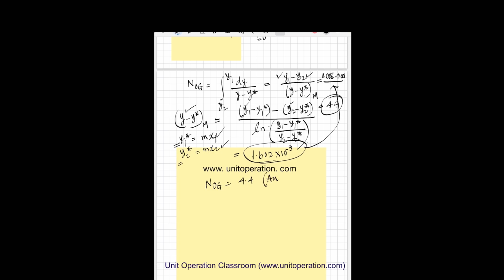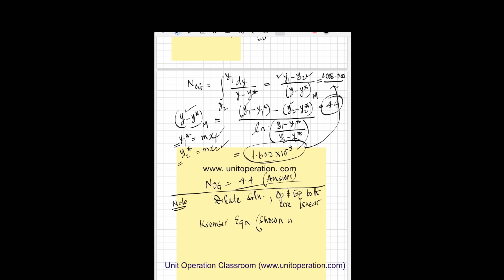Second method, just for the note: since it is a dilute solution and if the operating line and the equilibrium line are both linear, we can use the Kremser equation shown on the website, and we should get exactly the same value.